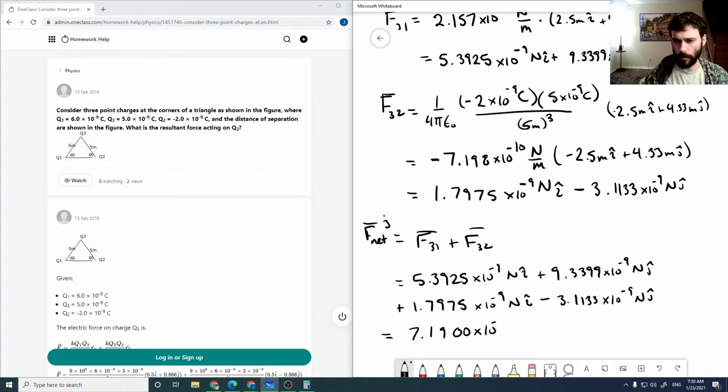And so then our net force is 7.1900 times 10 to the minus 9 i hat plus 6.2266 j hat.